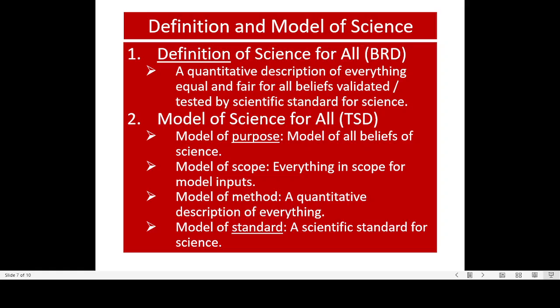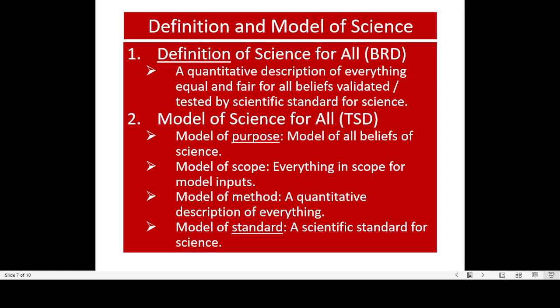Now, once we have the definition, we're going to develop all the models to accomplish what is defined in the definition of science. The first most important model is model of purpose. That is model of all beliefs. Second, model of scope. That's simple. Include everything in scope for model inputs for the model of science.